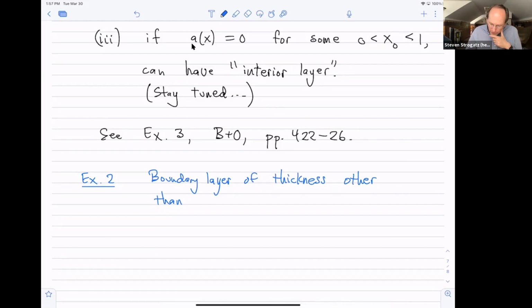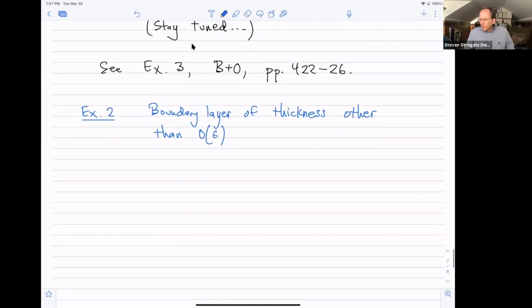So now, boundary layers of thickness other than order epsilon. So here's a little example of such a thing. This is copied out of Bender and Orszag from page 438. It's Bender and Orszag example 2, if you want to read their treatment of it.